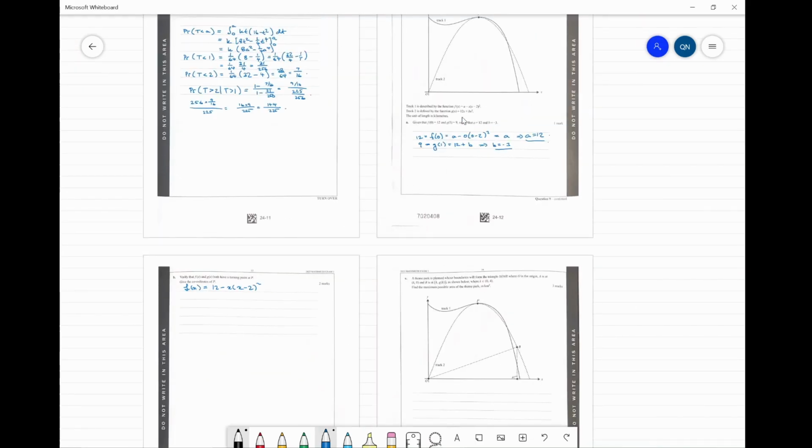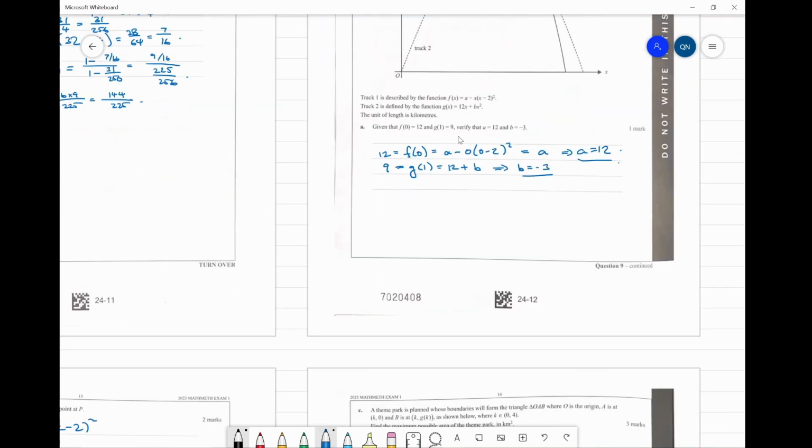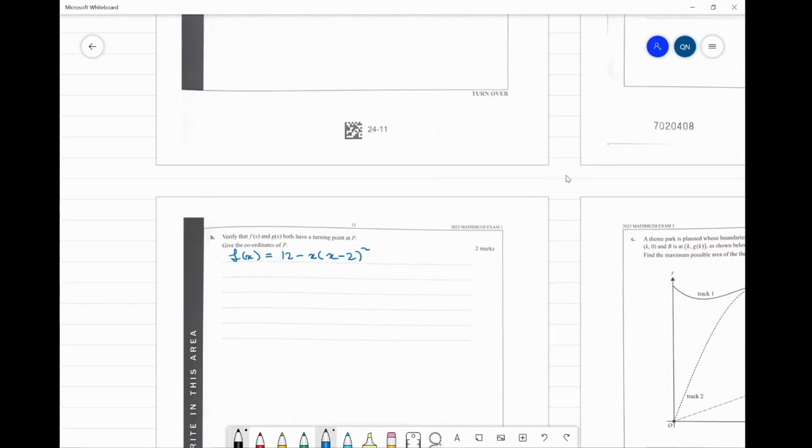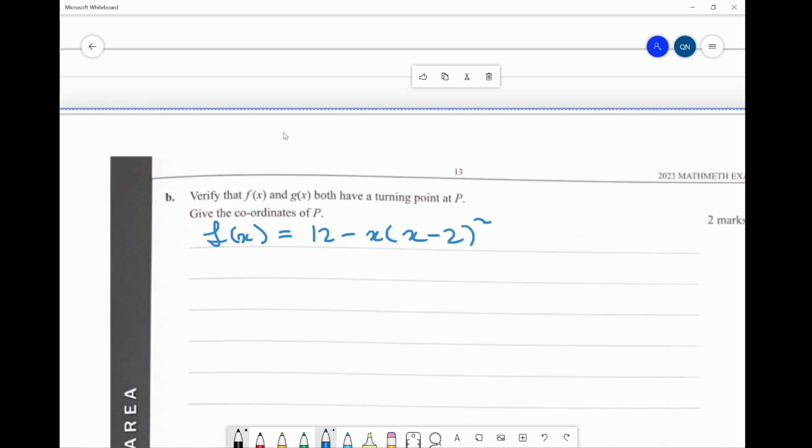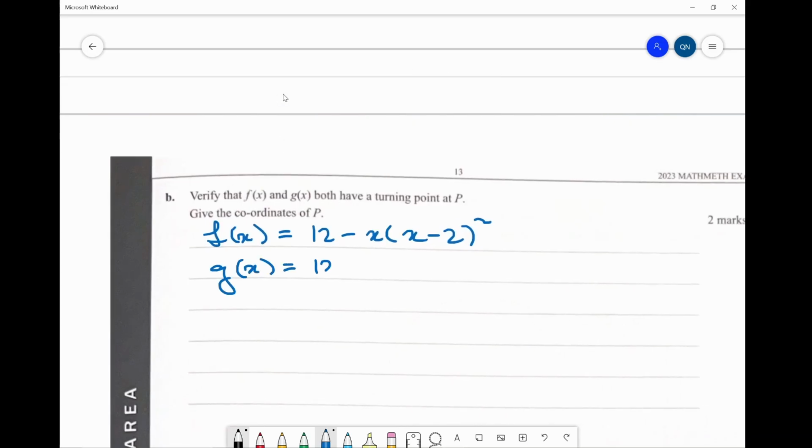So 12 minus x minus 2 squared, indeed. And g is just 12x plus bx squared. b is negative 3, so that's going to be 12x minus 3x squared. So we have f of x over here, and we have g of x, which is equal to 12x minus 3x squared.